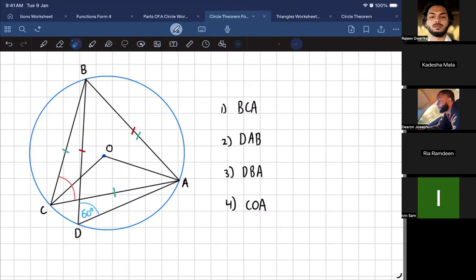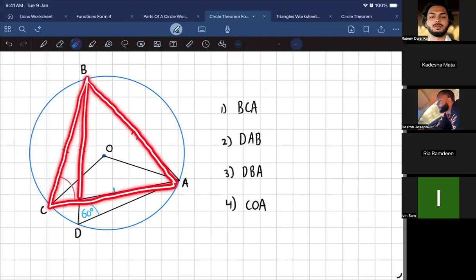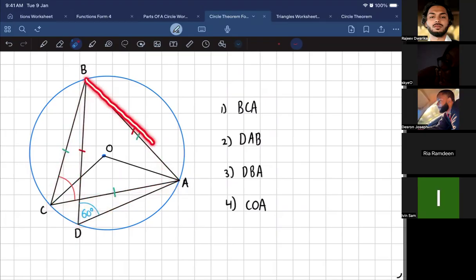Right. So for those who not seeing it, check this out. Are you seeing what I'm talking about now? I have this angle going to the circumference, right? And it's standing up on AB.